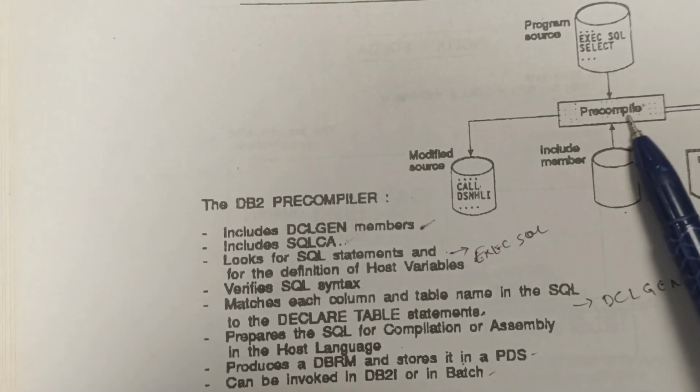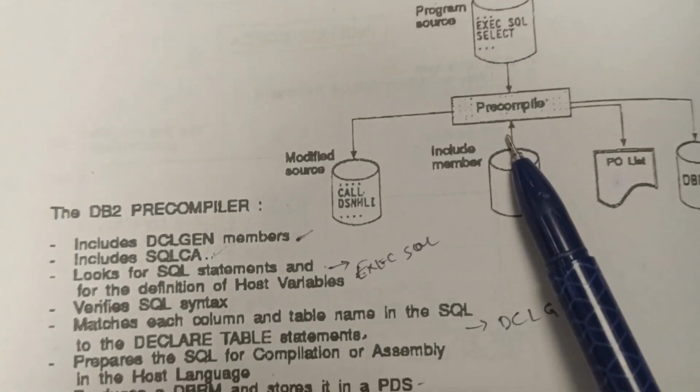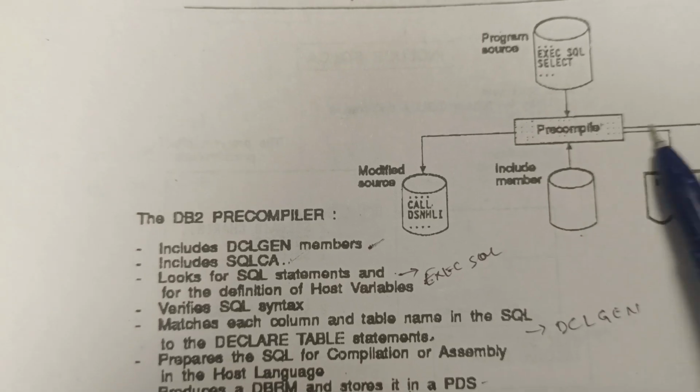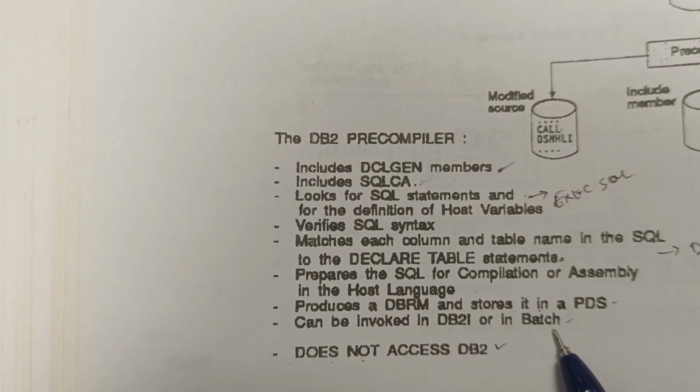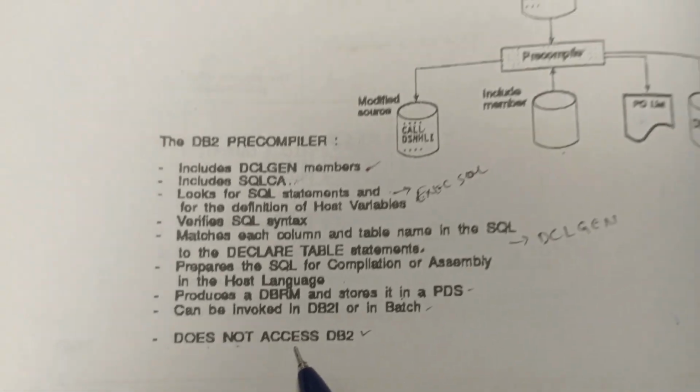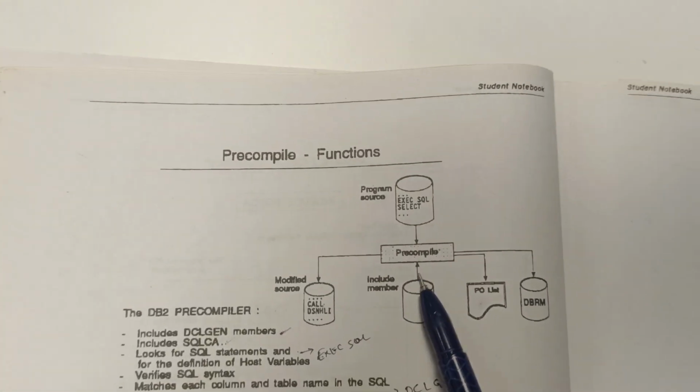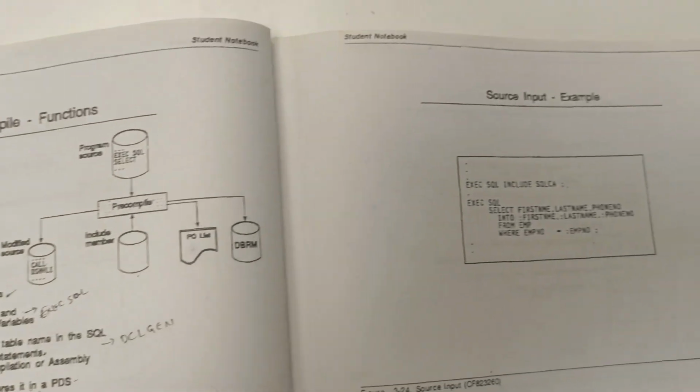It can be invoked from the DB2 panel or in batch, but it does not access DB2. In the pre-compiler we are not able to access the DB2.